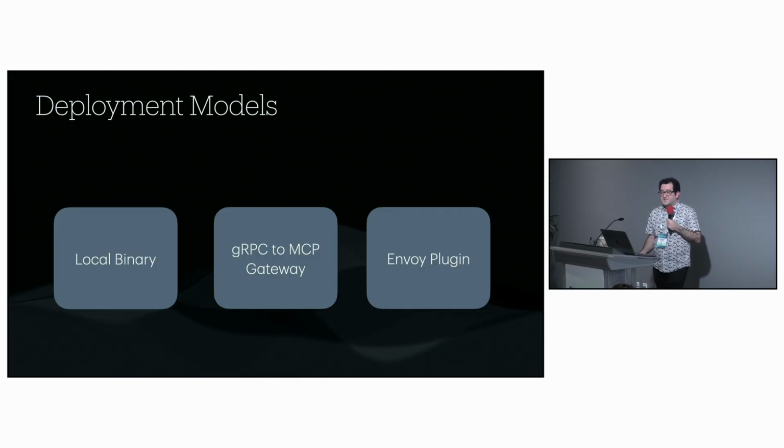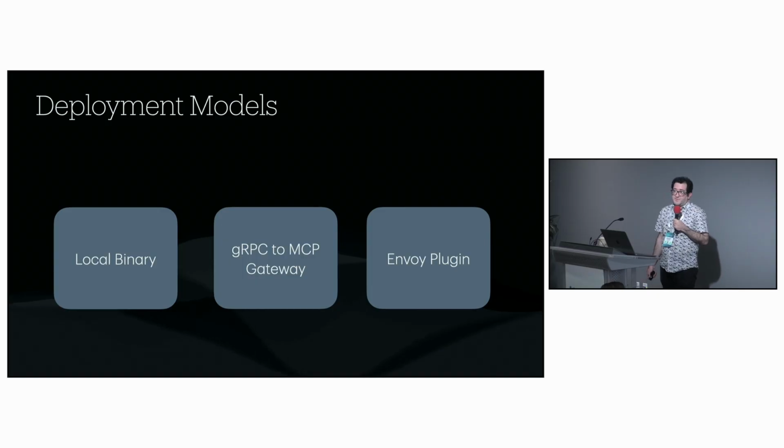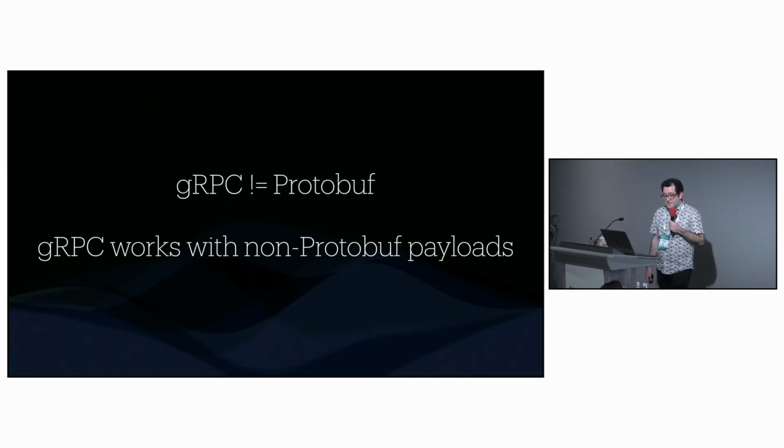And that is implemented with gRPC, essentially. And then the other deployment is gRPC to MCP gateway. This is similar to our existing gRPC gateway transcoding solutions that we can use. And then there is an Envoy plugin that is also mapping very well to what the transcoder does.